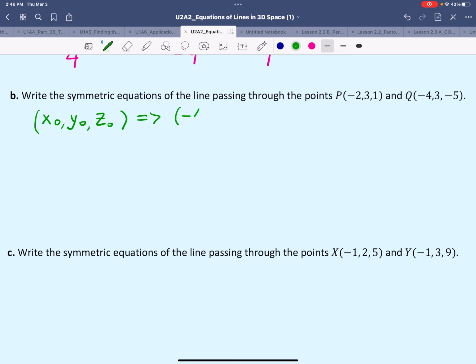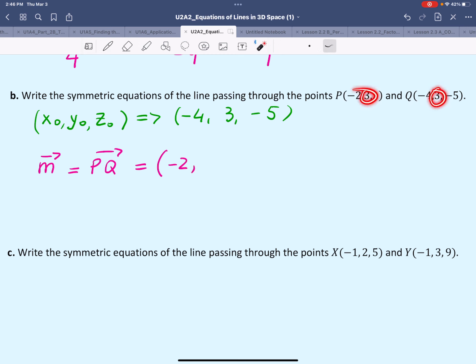So -4, 3, and -5. For the direction vector here, we're going to choose the direction of vector PQ. So here I go again, -4 minus -2, that would be -2. And here we have 3 minus 3, that would be 0. And last we'll have -5 minus 1, so that's -6.